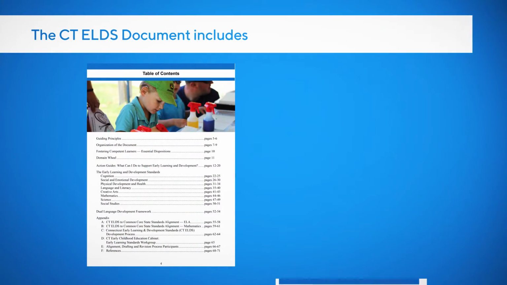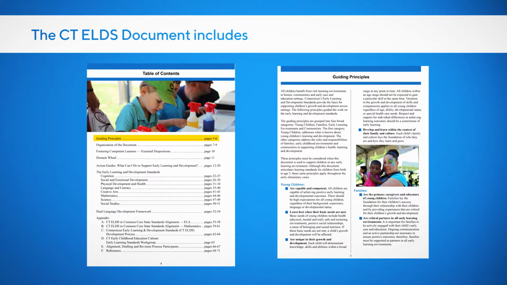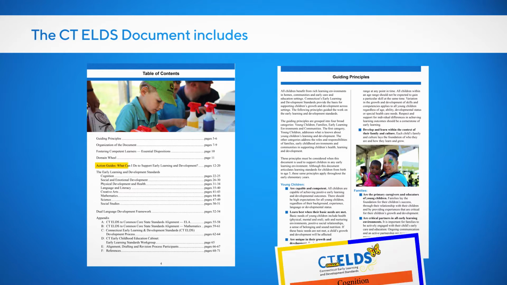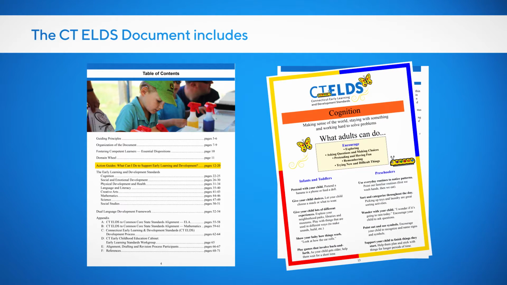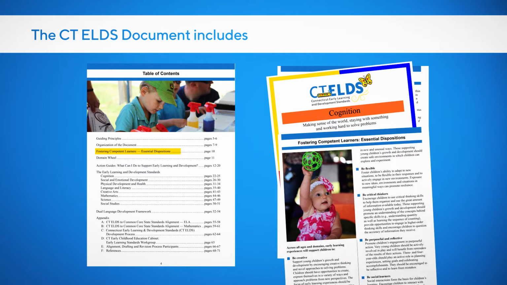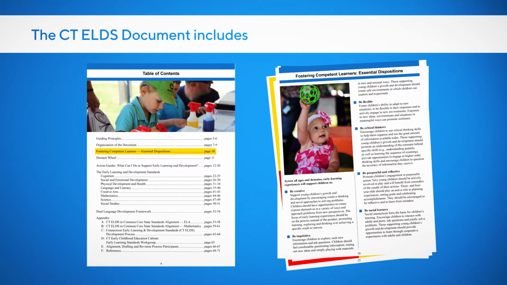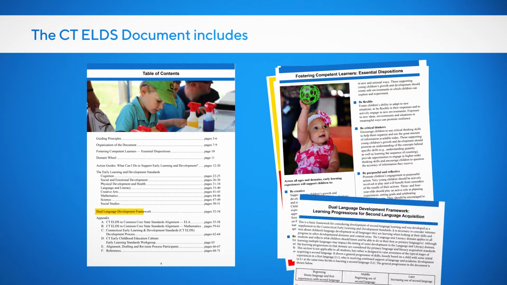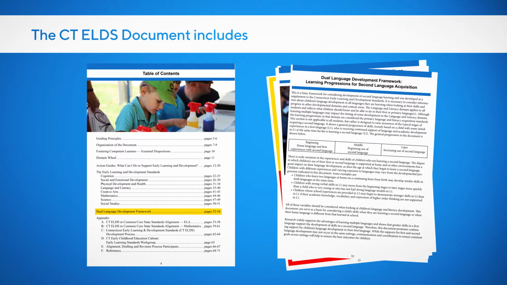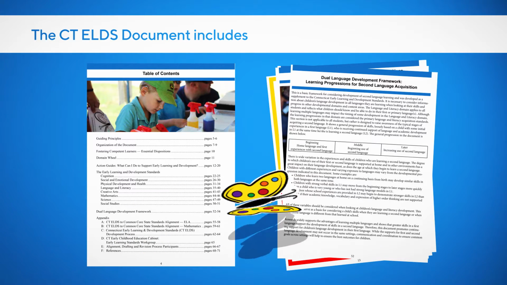The ELDS document includes guiding principles that help you to use standards in developmentally appropriate ways, action guides that you can share with families to help describe the 8 learning areas and give ideas for helping children as they grow and learn, essential dispositions, which outline 6 key overarching traits that help children become lifelong learners, a dual language development framework that helps to consider language and literacy learning for children who are learning multiple languages, and lots of information about child development.